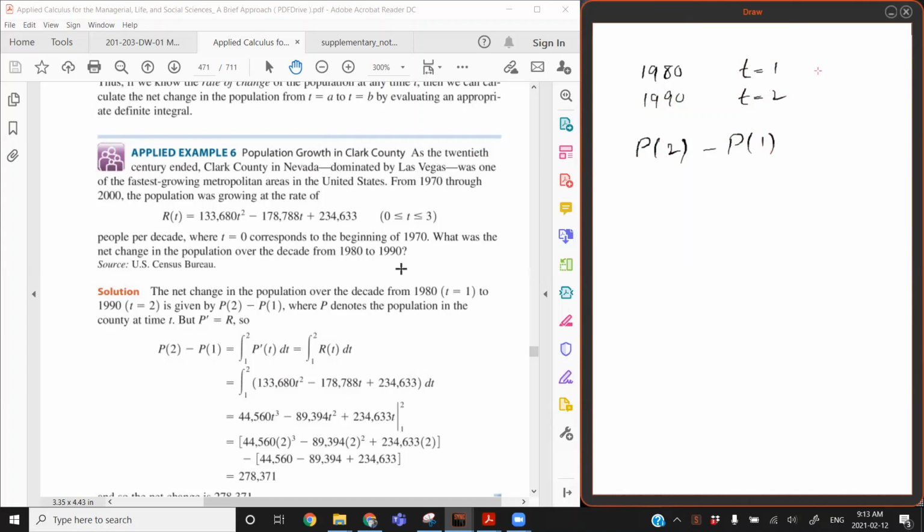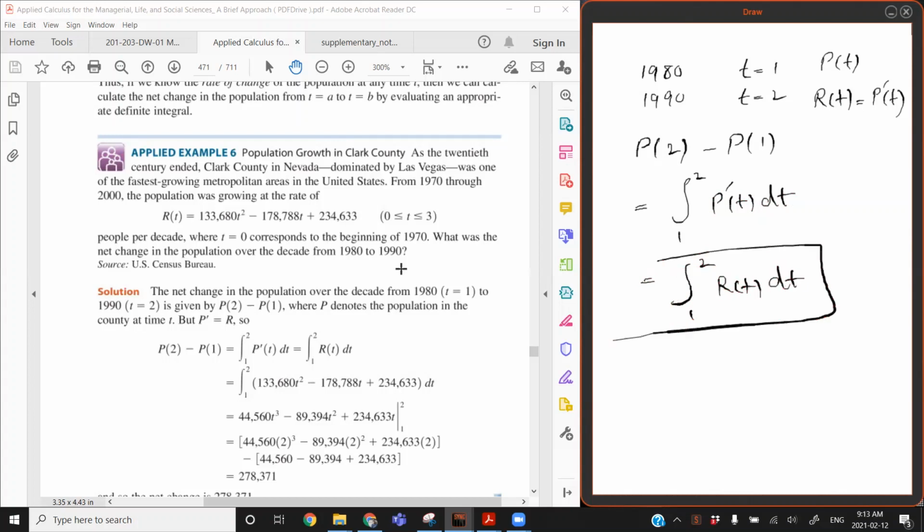What I'm given is not P of T. I'm given R of T, which is the rate of change of the population. I'm given the derivative of P of T. So this is going to be the integral from 1 to 2 of the derivative function, which is given.